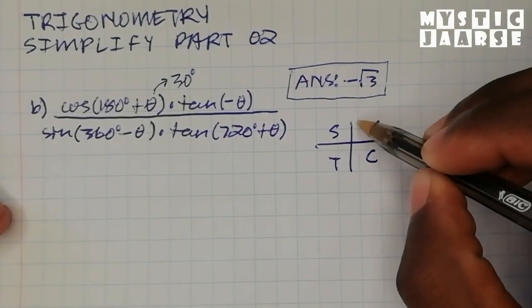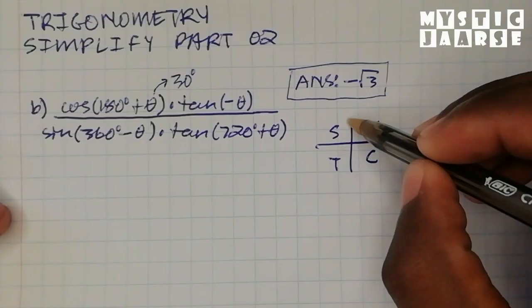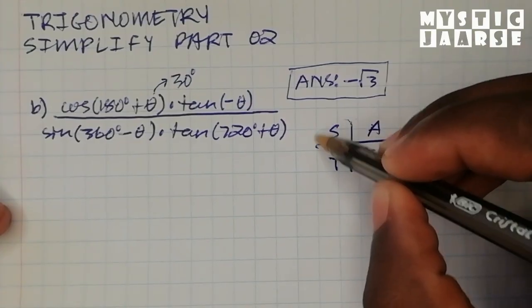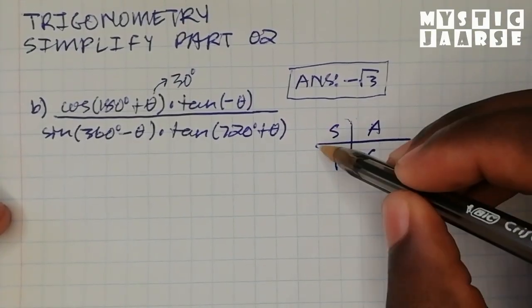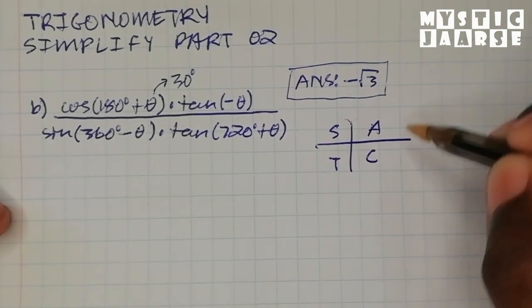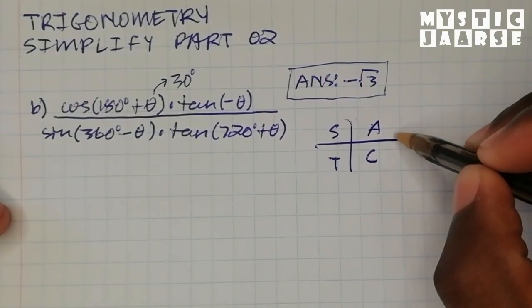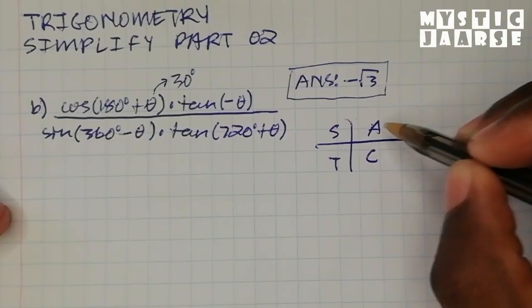The first quadrant, this is 90 degrees minus. The second quadrant, this is 90 degrees plus and 180 minus. The third quadrant, this is 180 plus. The fourth quadrant, this is 360 minus. Then the first quadrant, again, it can be 360 plus and 90 degrees minus.